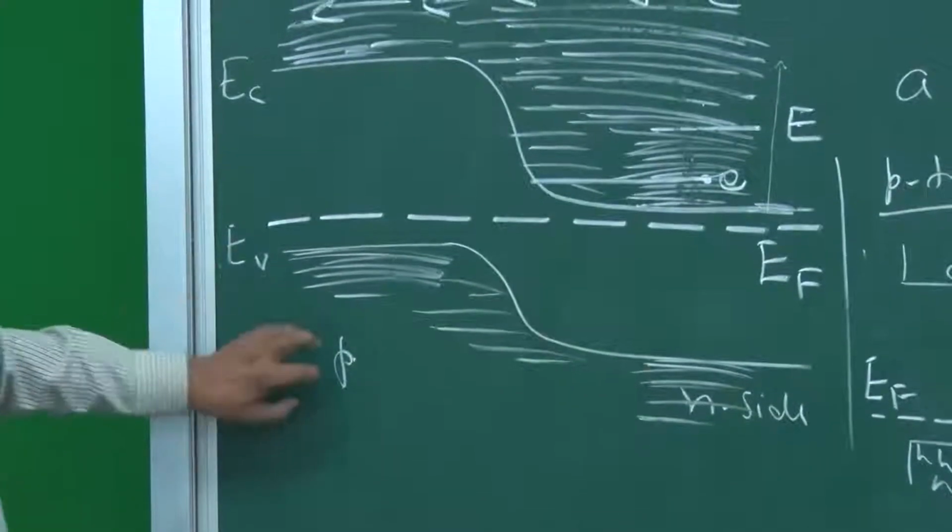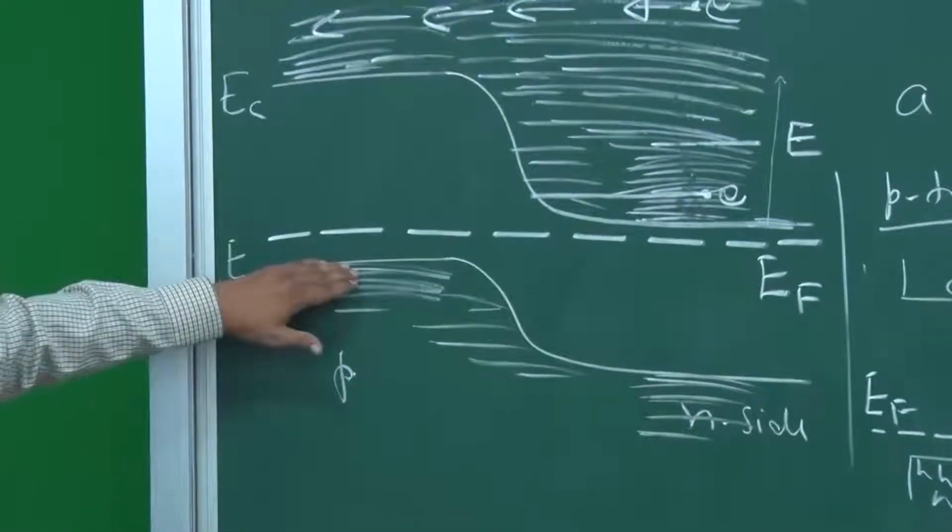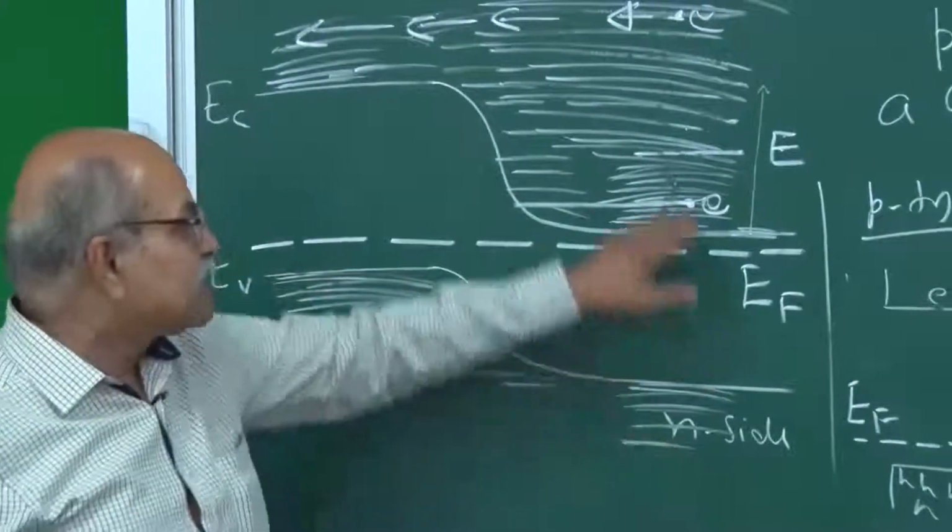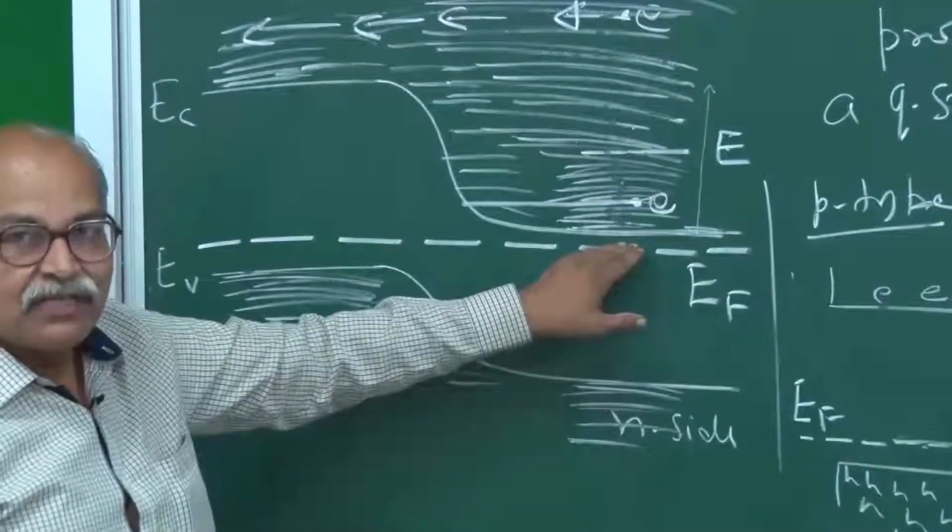For p type, it is close to the valence band edge, for n type it is close to the conduction band edge, and so on.